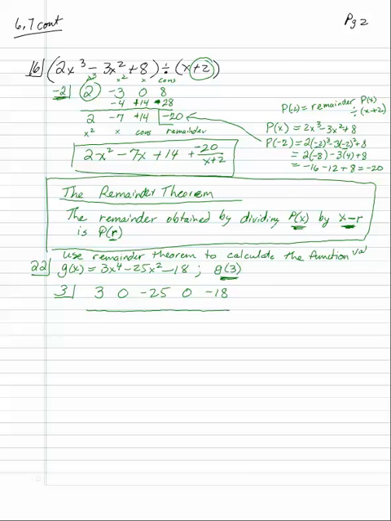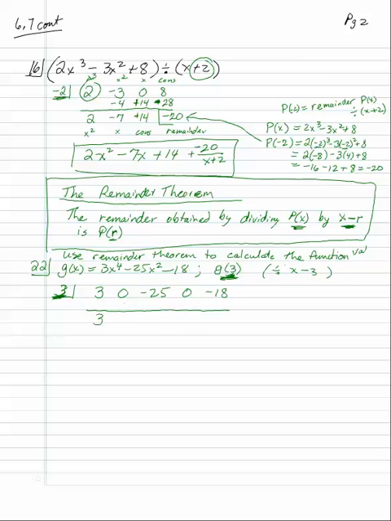If it said x minus 3, you change it to 3 to put in here. But this number 3 and this g of 3, the 3 has already been changed, so you wouldn't change it again.